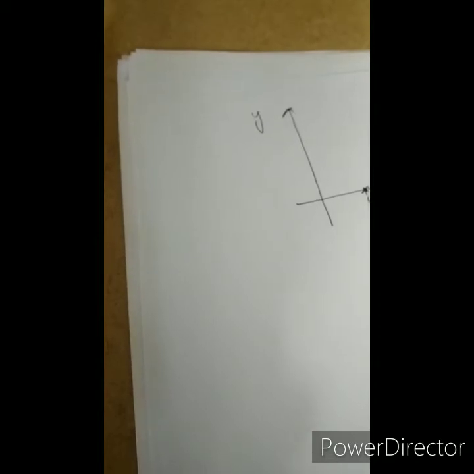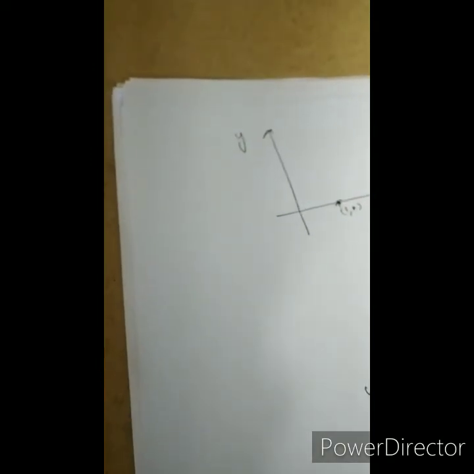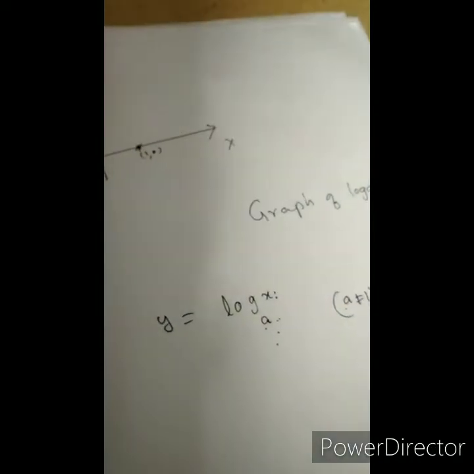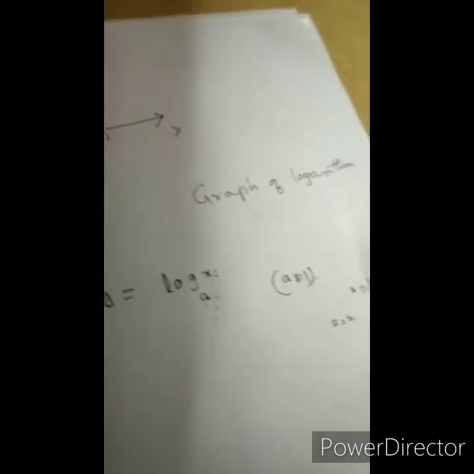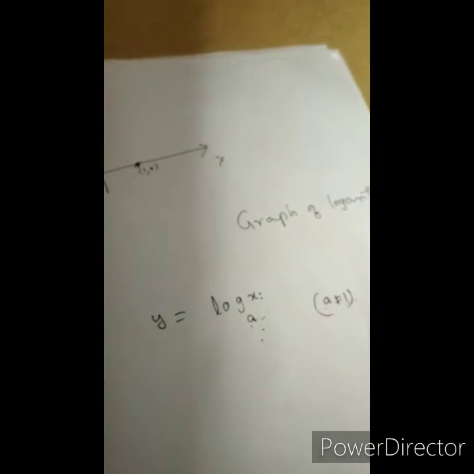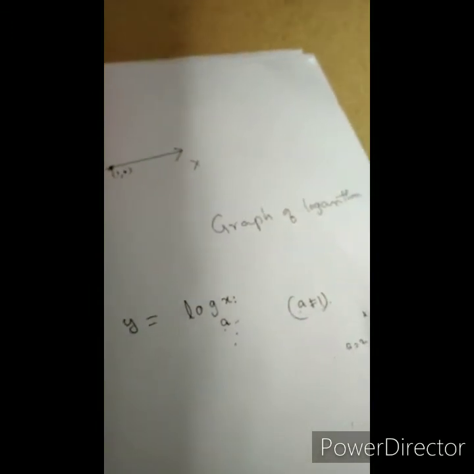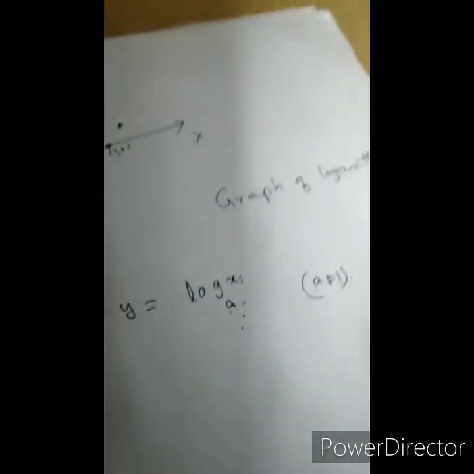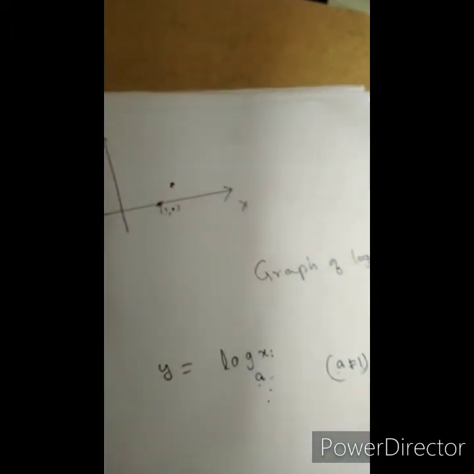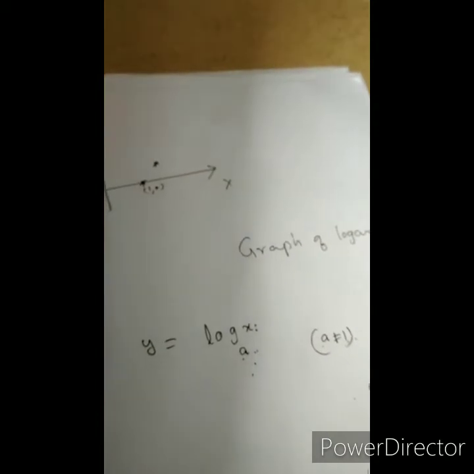Suppose a is equal to 2 and the x value increases. Then when x is equal to 1, log 1 to the base 2 is equal to 0. If I take x equal to 2, log 2 to the base 2 is equal to 1. And if x is some 3, then log 3 to the base 2 is some 1 point something. Like that you will get it.